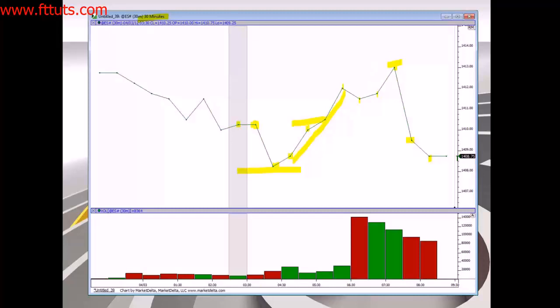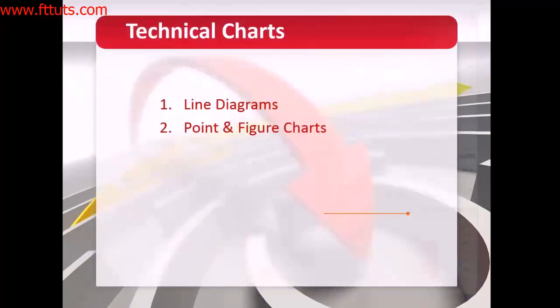Now imagine the depth and the wealth of information that will be cultivated from profile charts. If we can get just that much from a line diagram, imagine what we will be able to get from profile charts. Point and figure charts, another one of my favorite types of charting techniques that I often, and still, use to some extent, are point and figure charts.